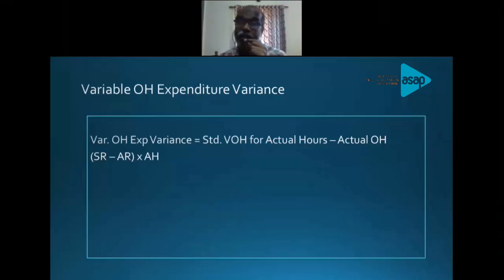Or in other words, it is equal to standard rate minus actual rate into actual hours. So remember, this variance arises due to standard rate and actual rate. It is multiplied with actual hours. Okay.